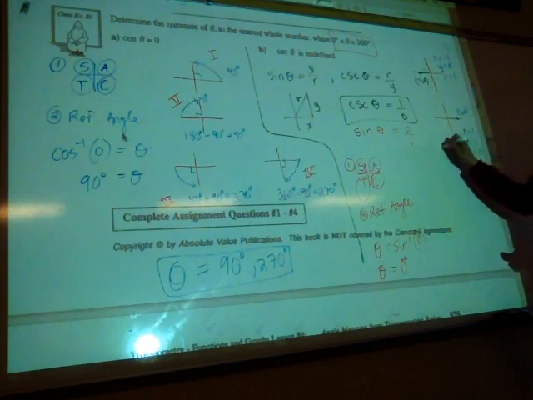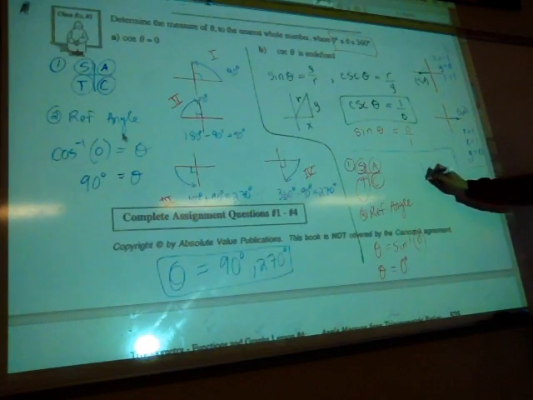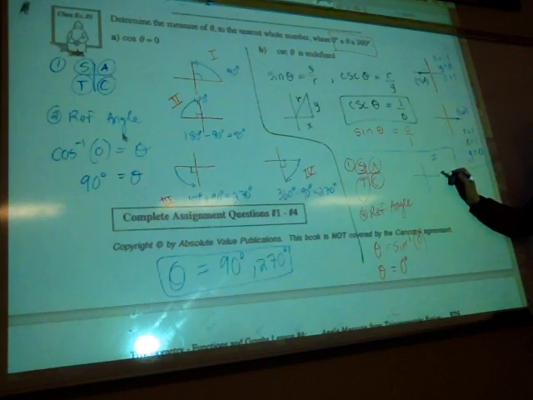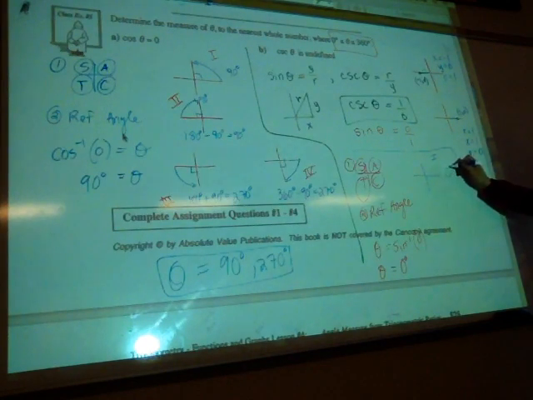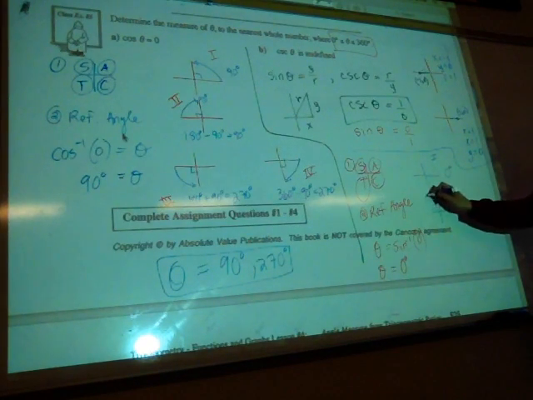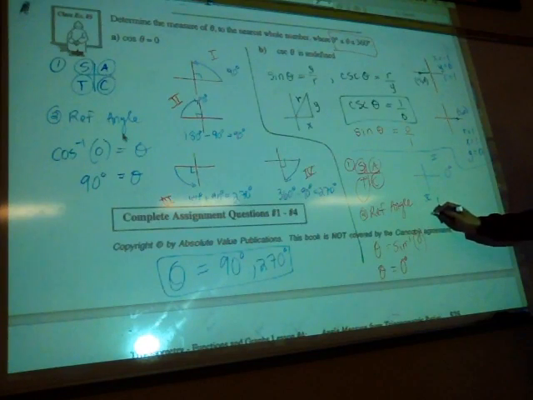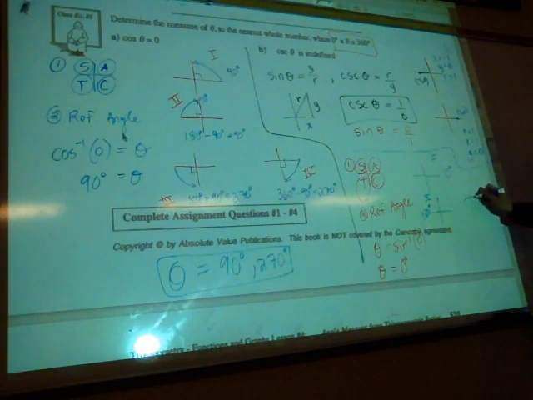So now let's see what our solutions will be. In quadrant 1, if I have a reference angle of 0, what's my solution? 0. Okay, in quadrant 2, if I have a reference angle of 0, what's my rotation angle? 180. Okay, in quadrant 3, if I have a reference angle of 0, what's my solution? 180.